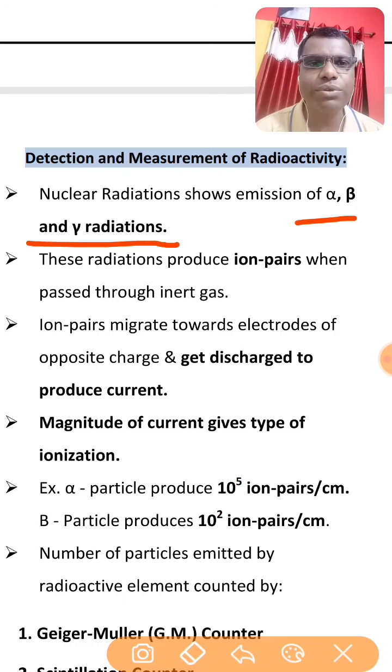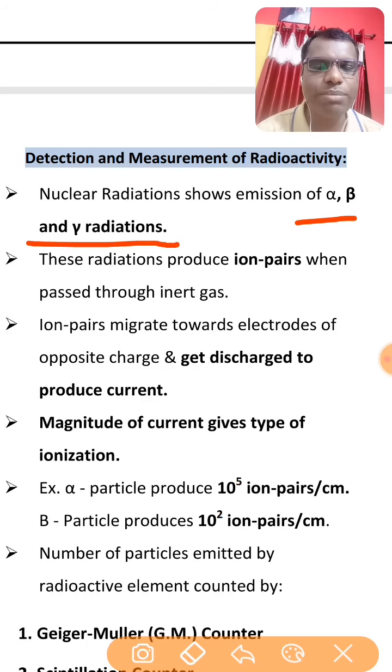One electrode will carry positive charge, another negative charge, so one will be the anode, the other the cathode. Out of the ion pairs, one will be electron deficient, the positively charged species, and the other electron rich, the negatively charged species. They migrate towards the oppositely charged electrodes, where they get discharged to produce current.